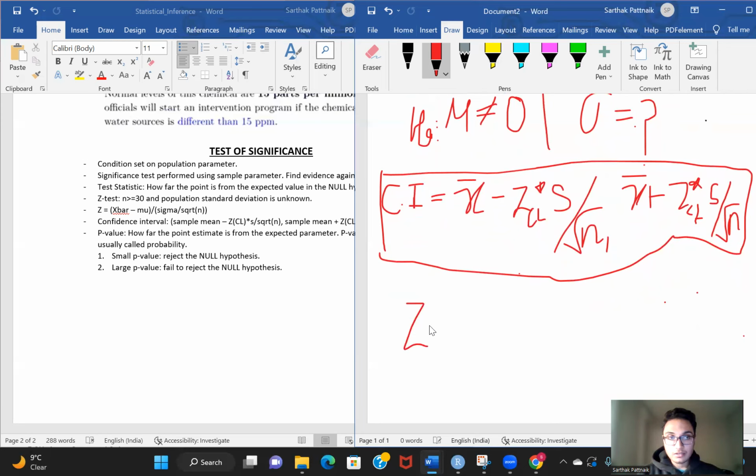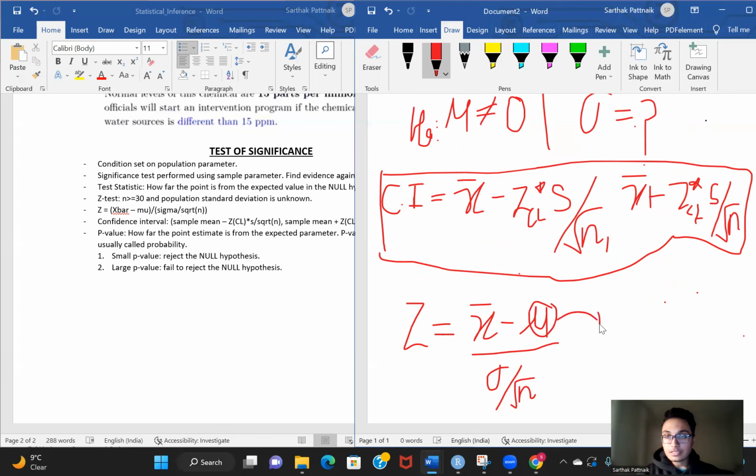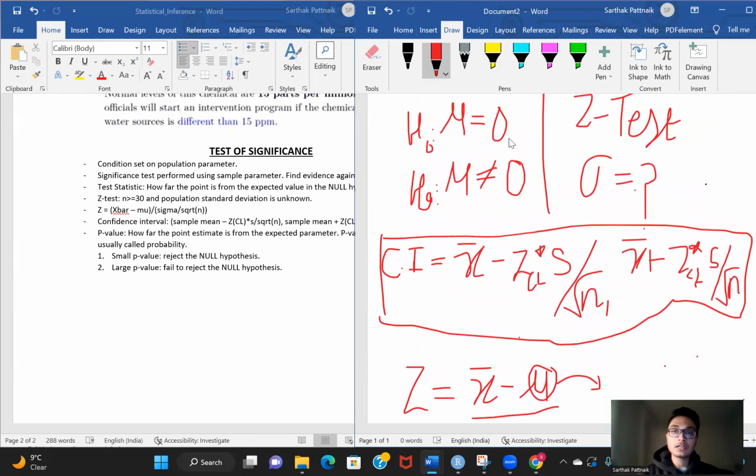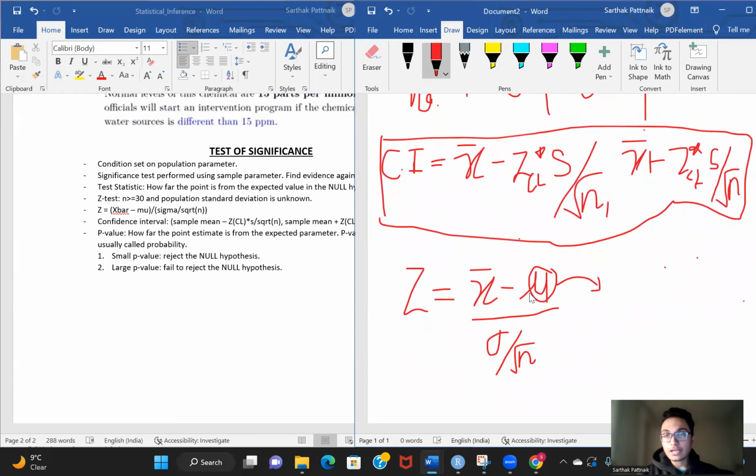So Z statistic, or we can say the test statistic for the Z test, is given by x bar minus mu upon sigma by root n. Now this mu over here is my parameter value at null hypothesis. So if my null hypothesis says that mu is equal to 0, then this value will be 0.